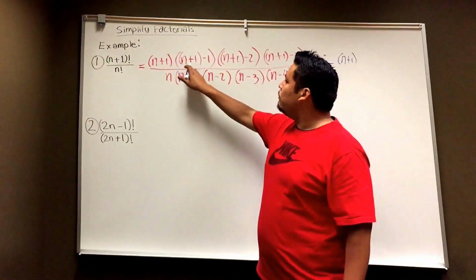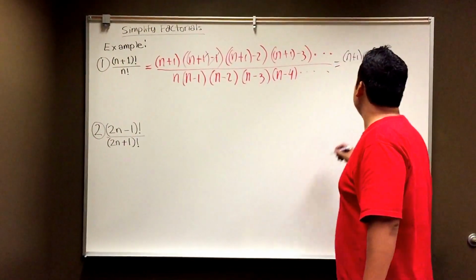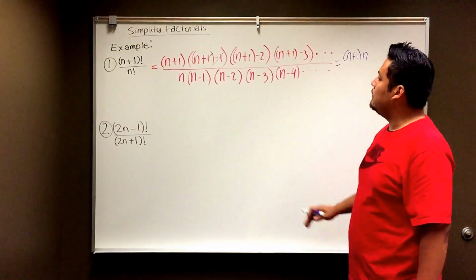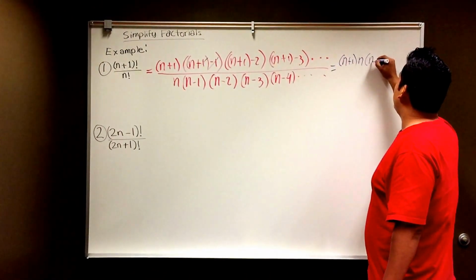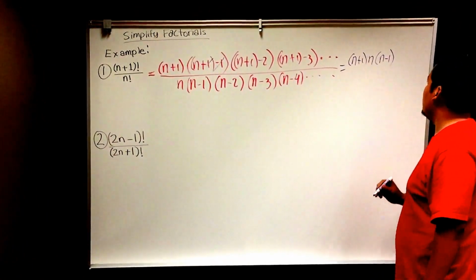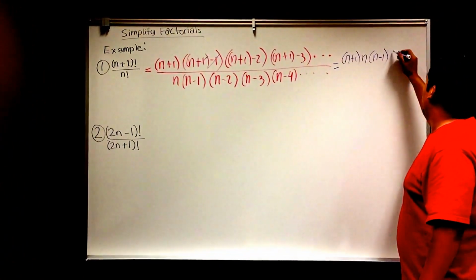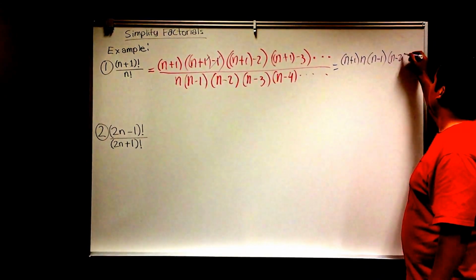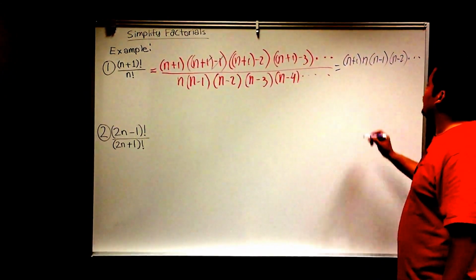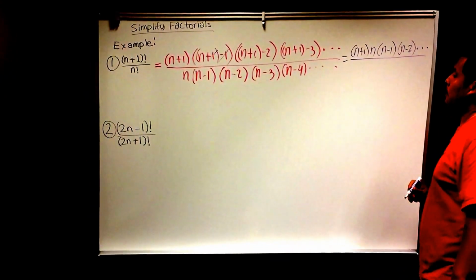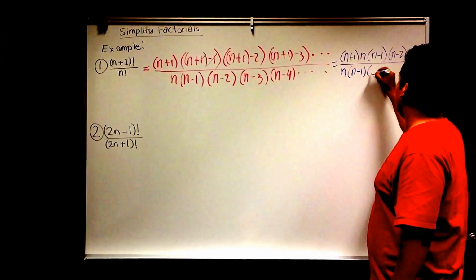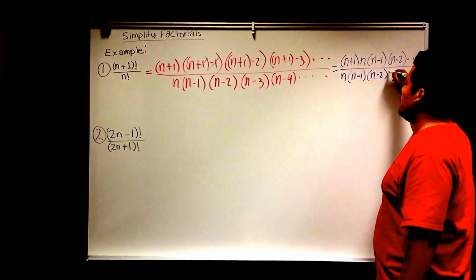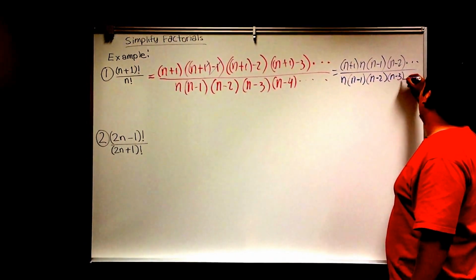Our second term will be n, and then our third term will be n minus 1. Therefore this will be n minus 2, and so on. And now our denominator is n, n minus 1, n minus 2, n minus 3, and so on.